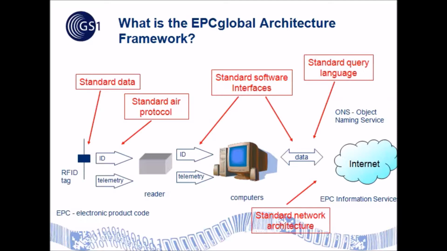So we have the standard air protocol. The RFID tag will provide its own unique ID number and maybe telemetry information to the RFID reader.